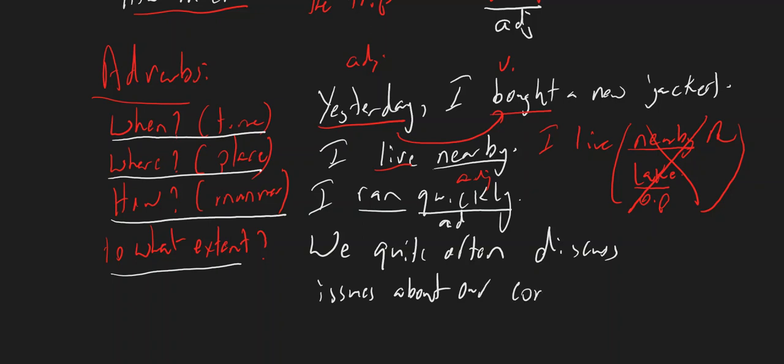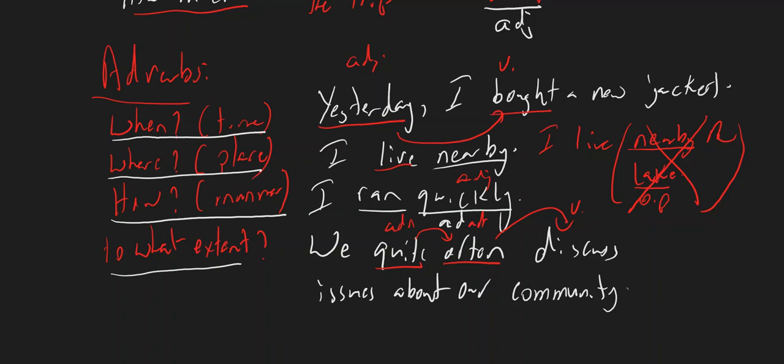Okay, so that's one example of to what extent. Often answers to what extent, modifying discuss, and quite modifies often, which is the adverb. So that's an adverb modifying an adverb, and often is an adverb that modifies the verb. Okay, so to what extent do you discuss it? Often. And to what extent is often?